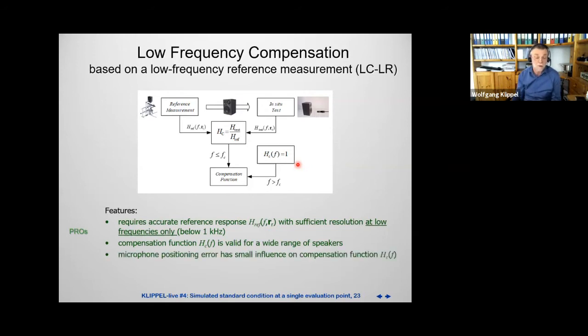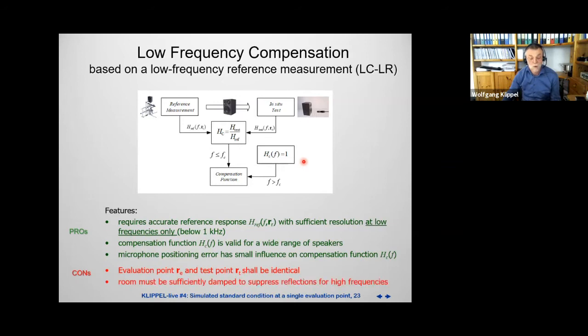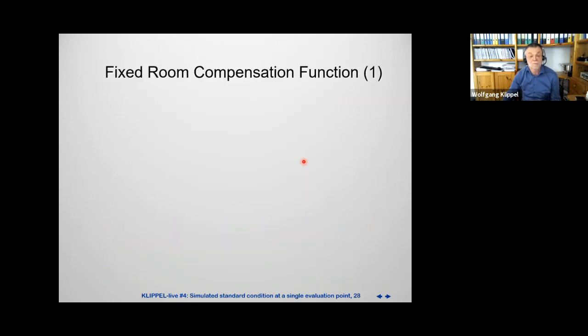And of course, the microphone position. But the microphone position is not so critical because at higher frequencies, we are not applying the correction function. So it's tolerant to a mismatch of 1-2 centimeters. But this is a disadvantage: evaluation point and test point shall be identical. And we need the damping from the room.